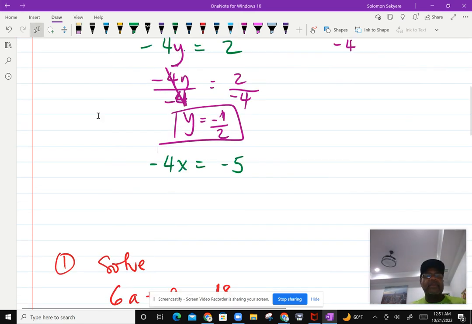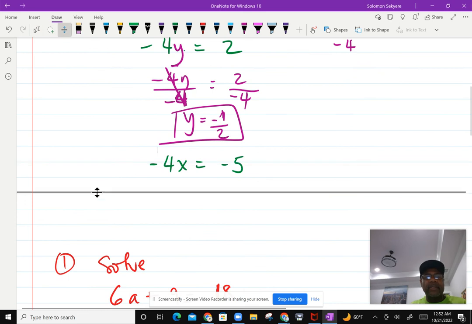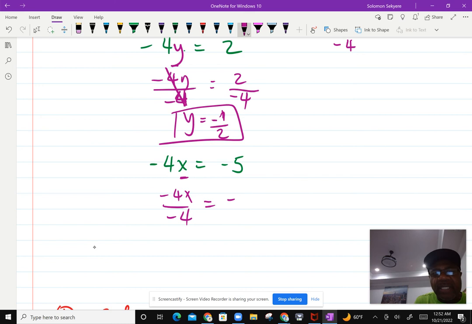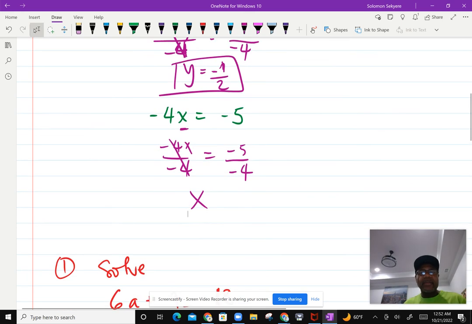How about this one? Follow the rules, and I tell you what, be bold. What's the rule? The rule is divide both sides by the coefficient of your variable. So it's negative 4x over negative 4 is equal to negative 5 over negative 4. Goes away. So here, be bold.